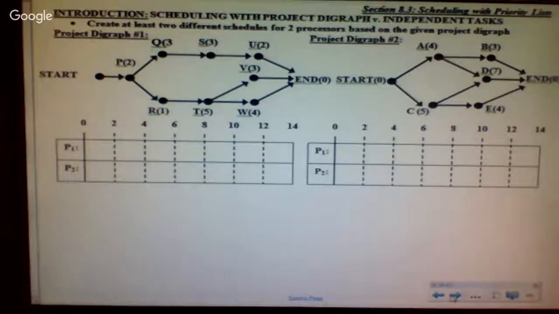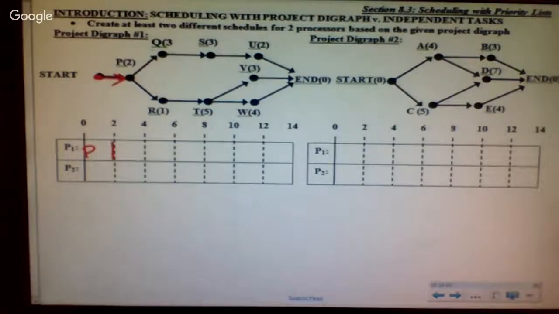P also has to be finished before R can be started. The way we schedule this is we try to make sure every processor is working. If we can. But we have to start out with just one working, right? From the start, I only have one task available, and that is P. So you need to schedule P.